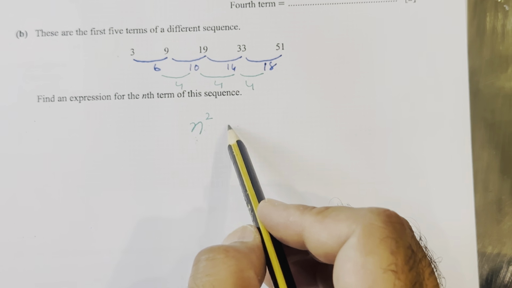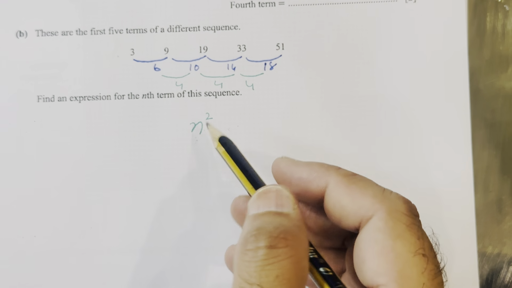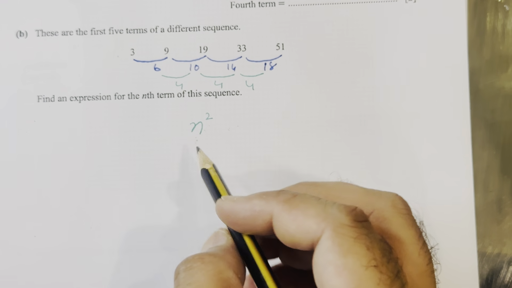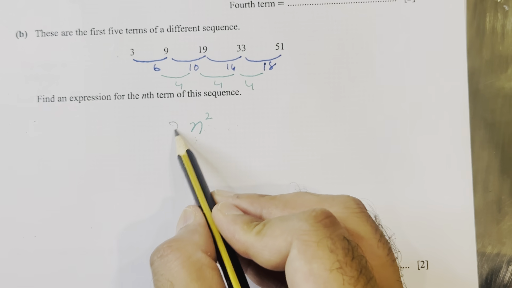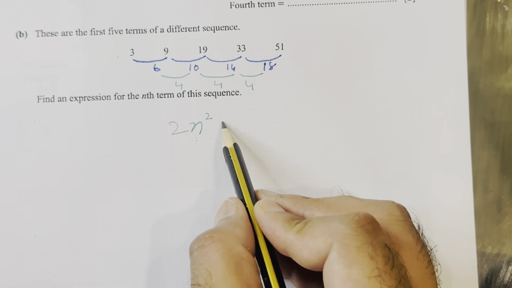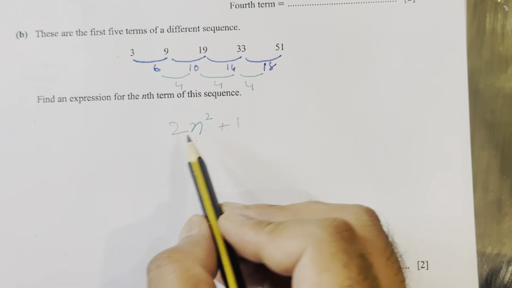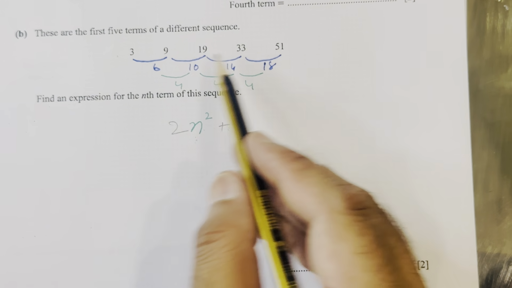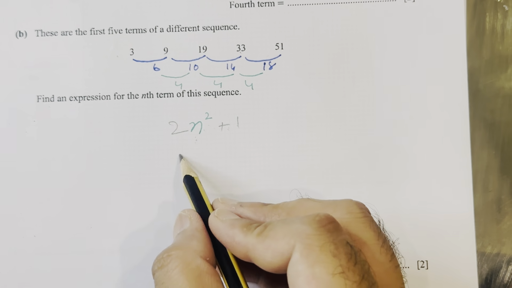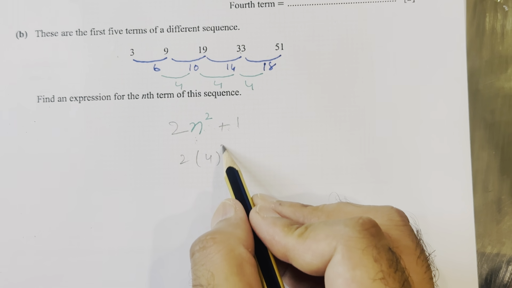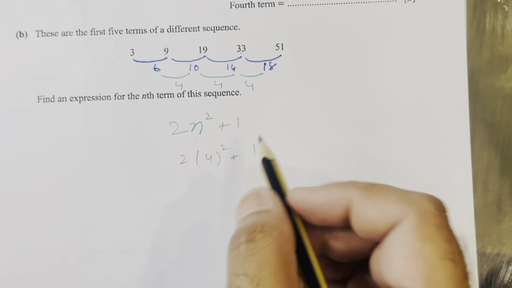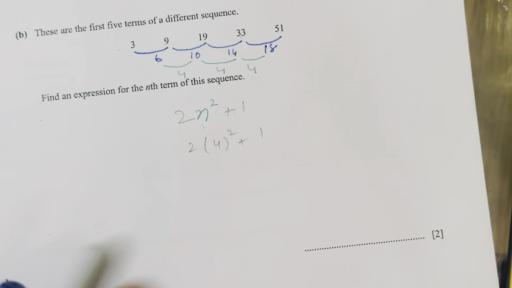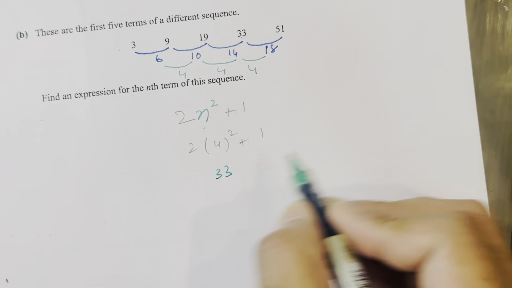But n square plus 2 also does not satisfy it. Or if we multiply by 2 and add 1, so if we take the fourth term, the answer should be 33. 4 square is 16, 16 multiplied by 2 plus 1, the answer is 33.